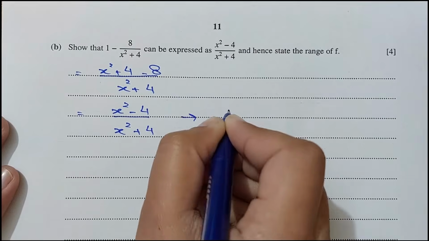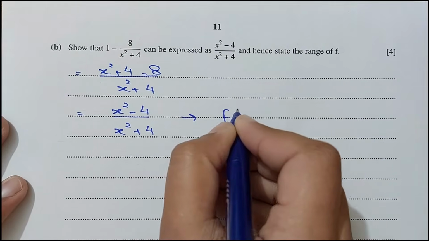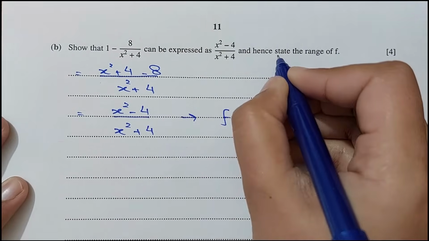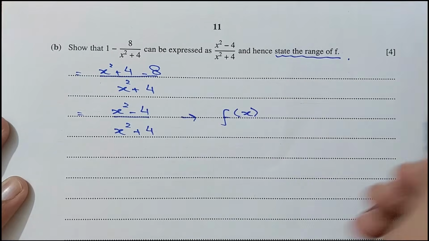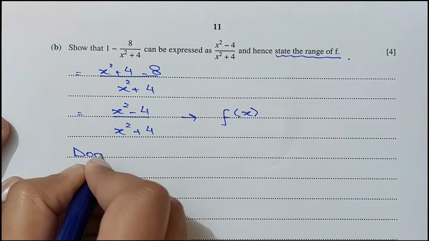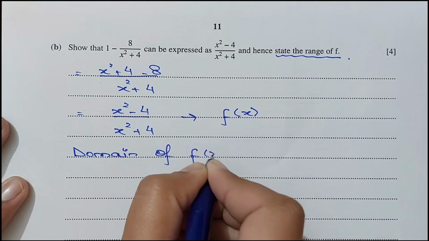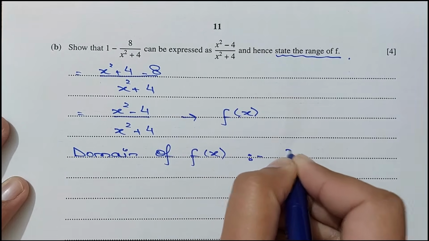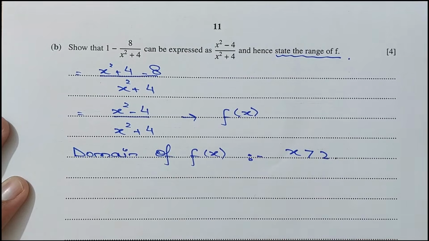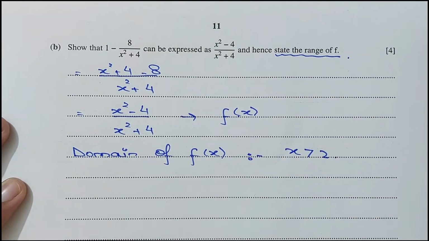This is your function f, right? Now we have, this is f of x. Now we have to state the range of the function f of x, right? So we have given the domain in the first part, that the domain of the function f of x is greater than 2, means 2 to infinity, right?